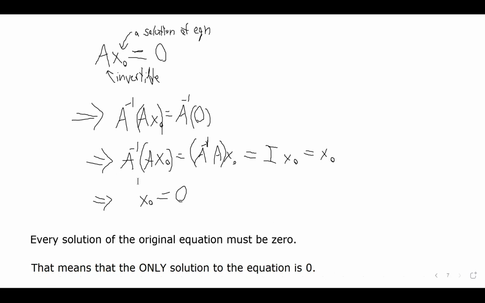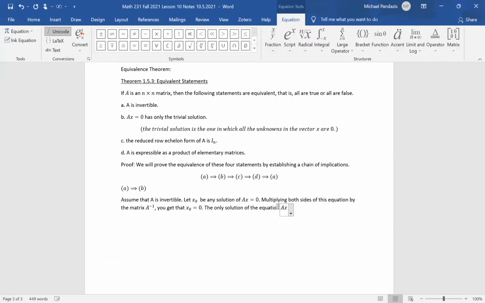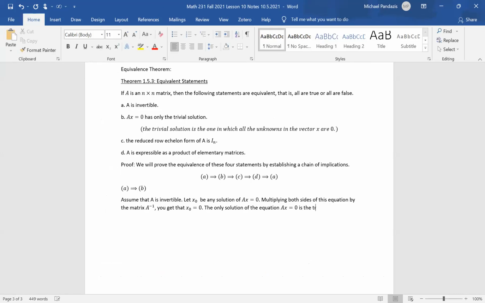The only thing the little x vector can be is 0. That's the trivial solution. So the only solution of the equation Ax equals 0 is the trivial solution. By trivial solution, I mean little x is equal to 0. And so we just proved statement B, that Ax equals 0 has only the trivial solution. Okay, so A implies B is now proven.